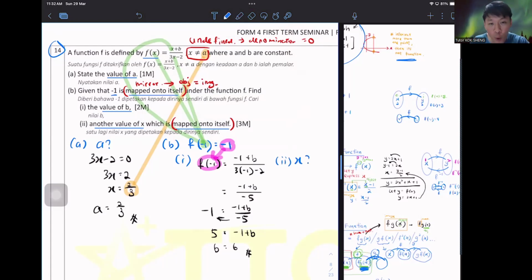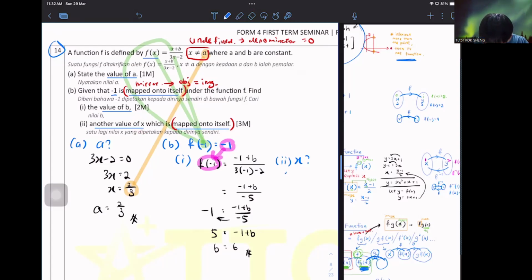Okay, so how do we write the working here is, just so we know that -1 map onto itself, the working is f(-1) equals to -1. But now, the second one here, you don't know what number, but you know the number is mapped onto itself. That's why the number we put as unknown x.